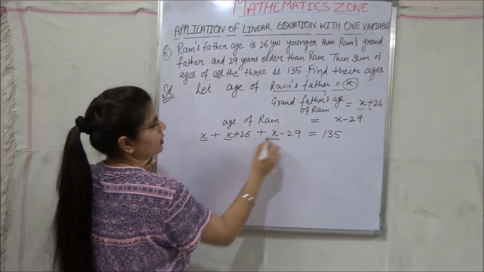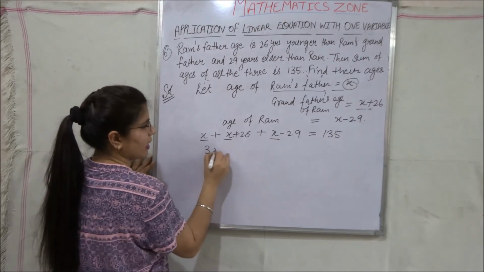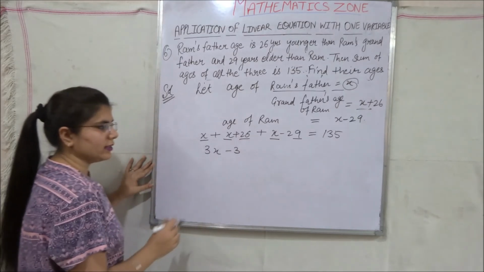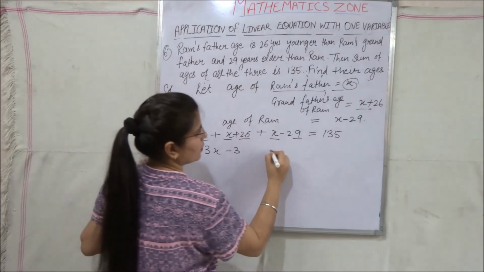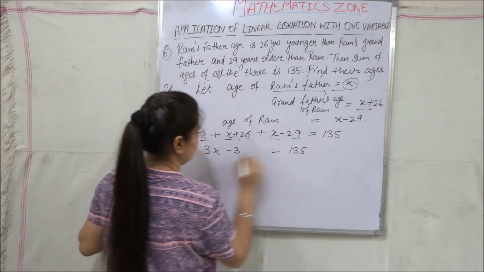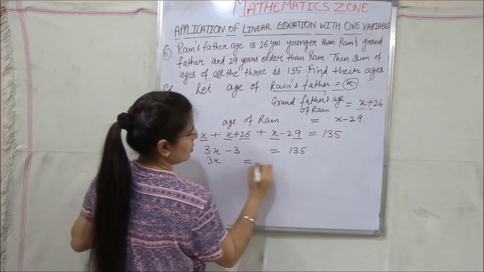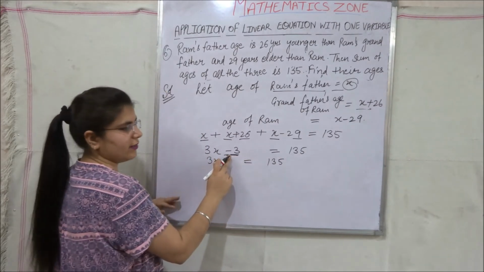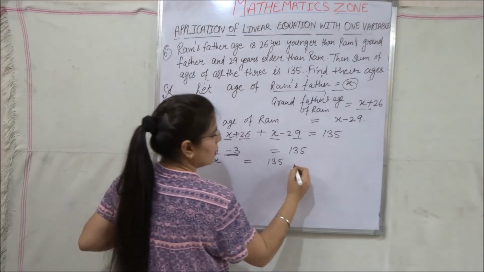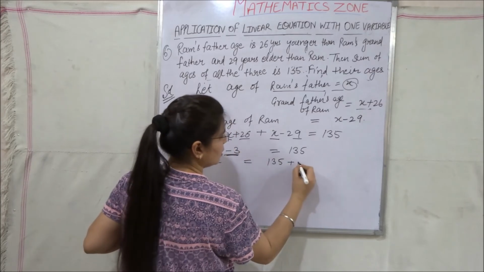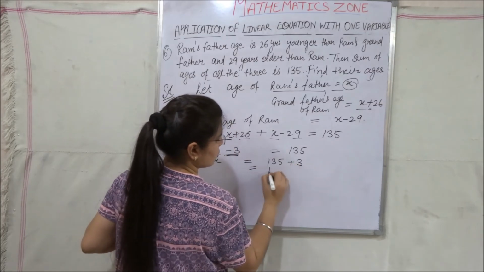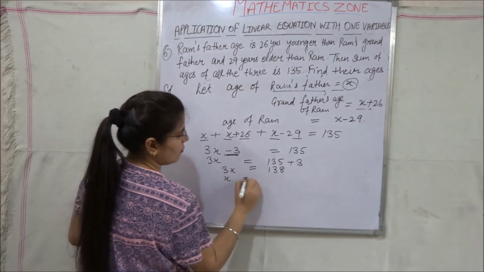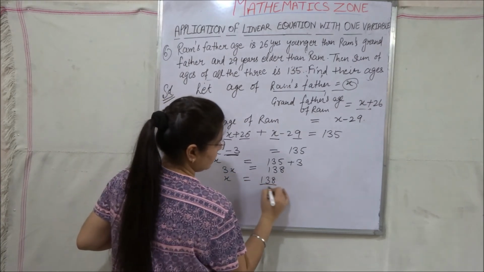Now, adding the like terms, 3x minus 3, since 26 minus 29 is minus 3, equals 135. 3x minus 3 is 135, and because it is negative on the left hand side, whenever we transfer it to the right hand side, it will be in addition form. So that will become 138. So the value of x is 138 by 3.